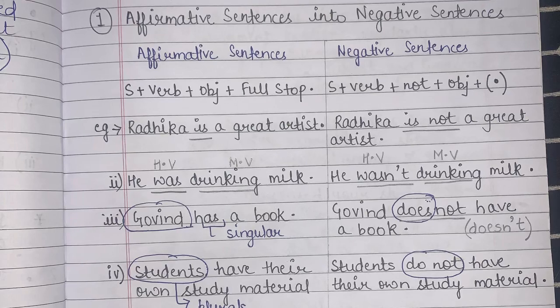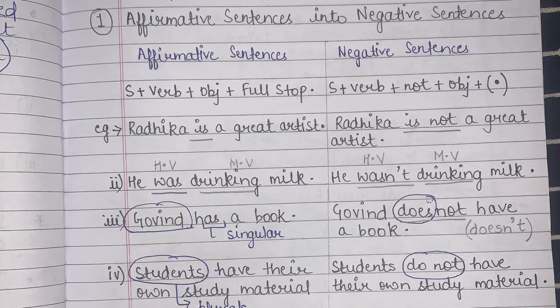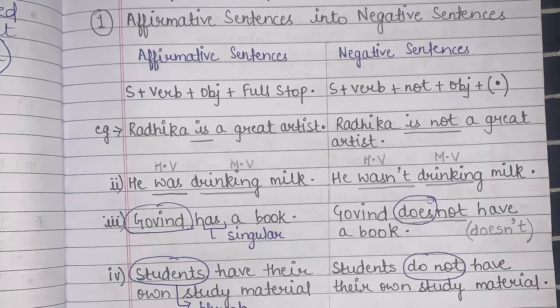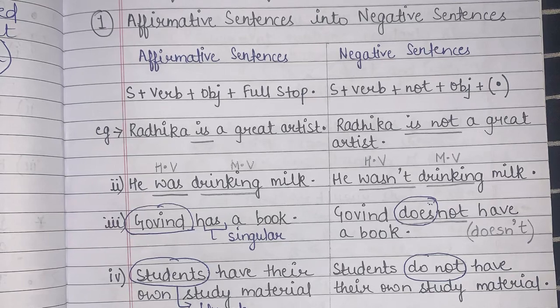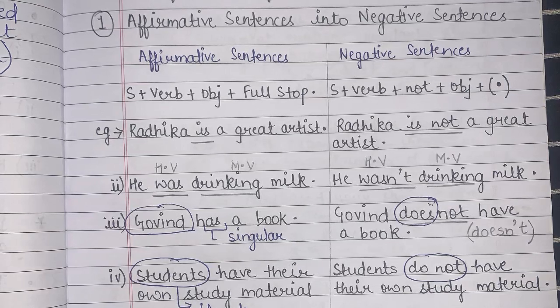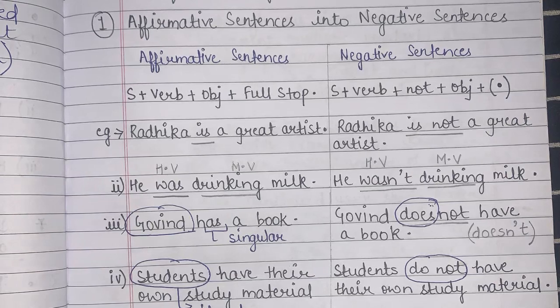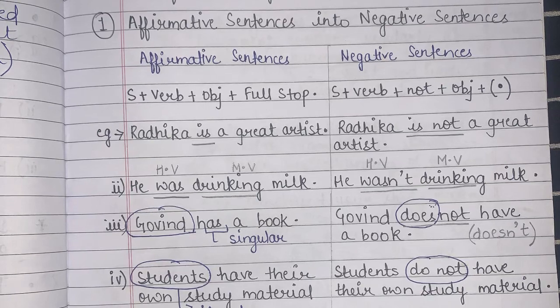He was drinking milk. This is my second example. He was drinking milk. I have to change this into negative. So how can I change this? Students, first of all, you have to identify the helping verb and the main verb, right? So that's why you should know how to change these by using not, okay? Where to put not and how to transform the sentence.